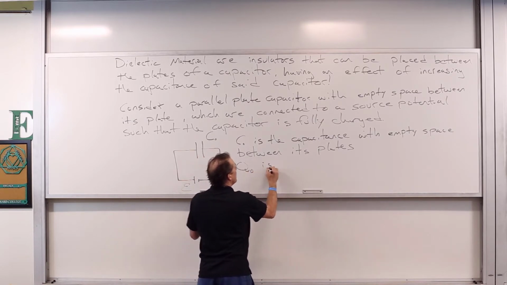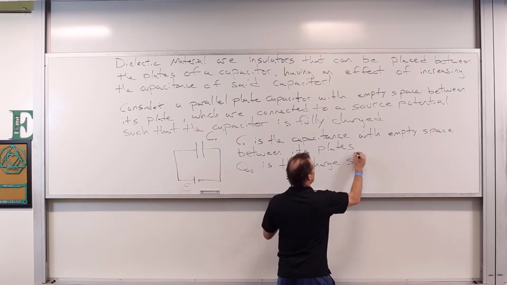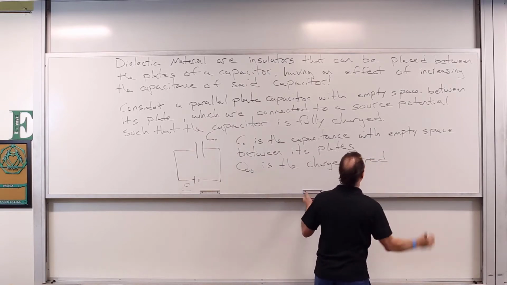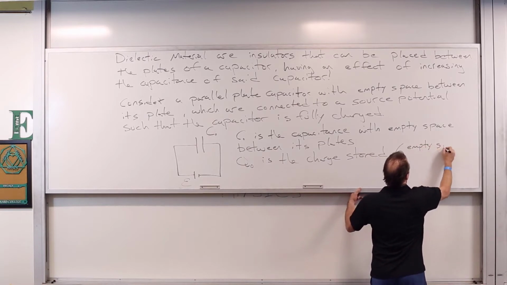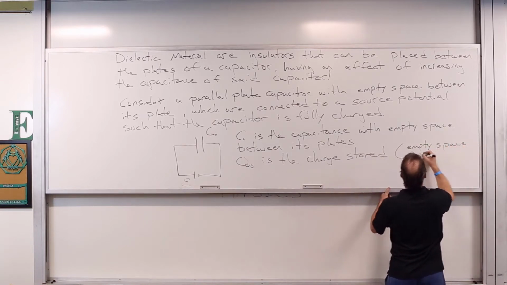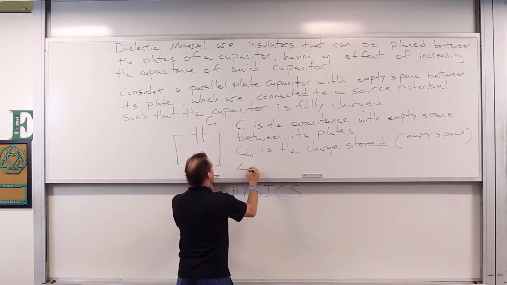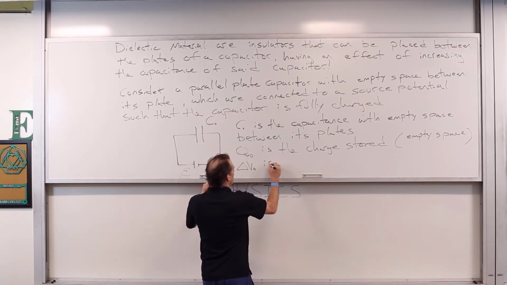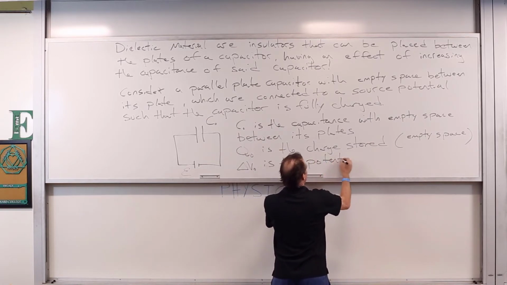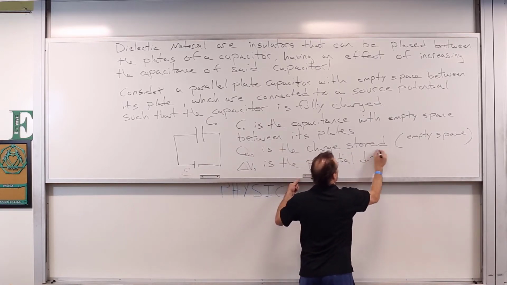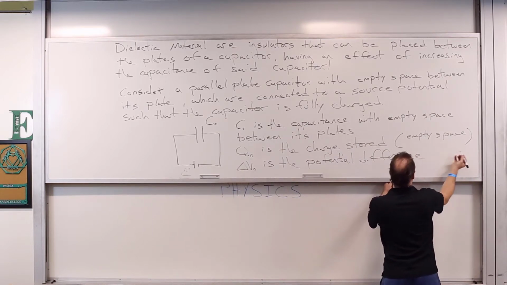Q0 is the charge stored, again, empty space between its plates. And delta V0 is the potential difference across its plates.